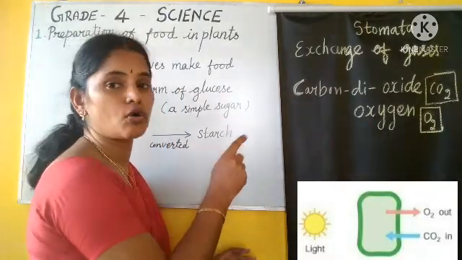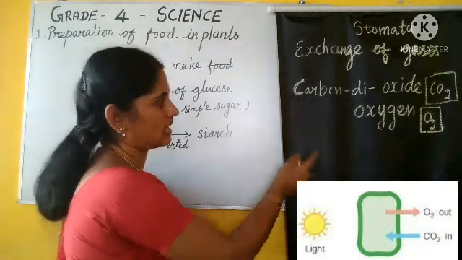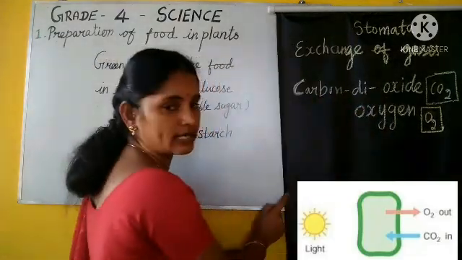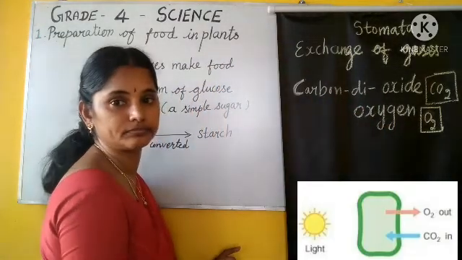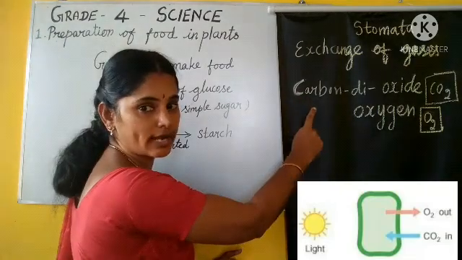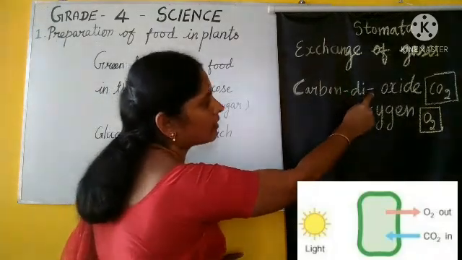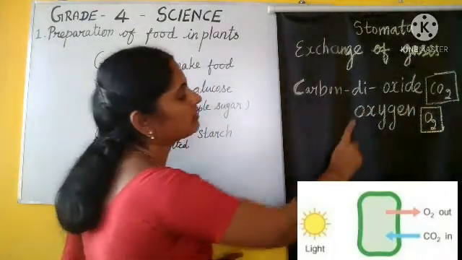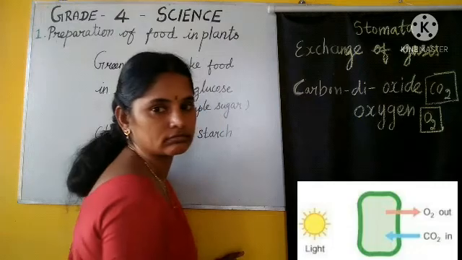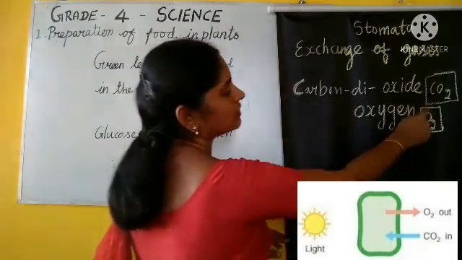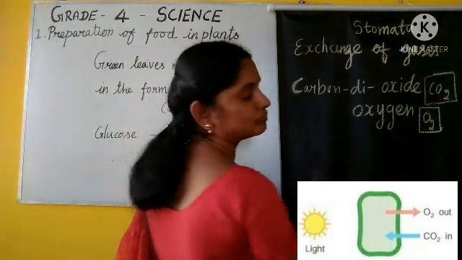So what gases are there? Carbon dioxide and oxygen. We have to write like this: carbon-dioxide, then oxygen. We can write like this also: CO2.